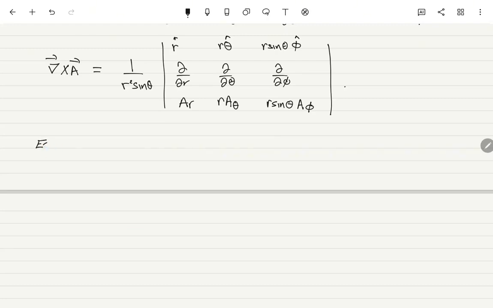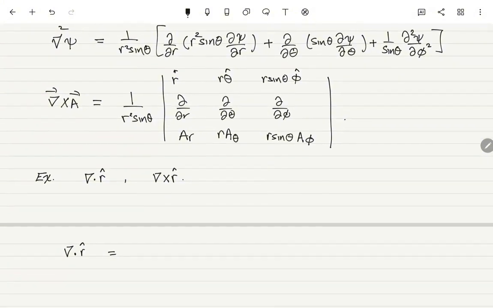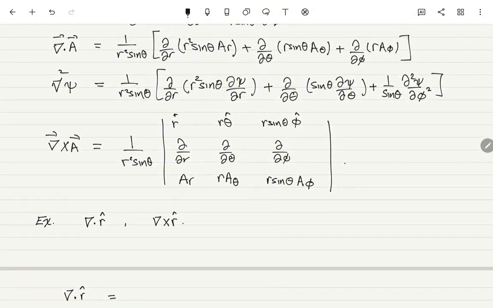Example: find divergence of r hat and find curl of r hat. Now, to find divergence of r hat, go back to the definition of divergence, which is this one right here.